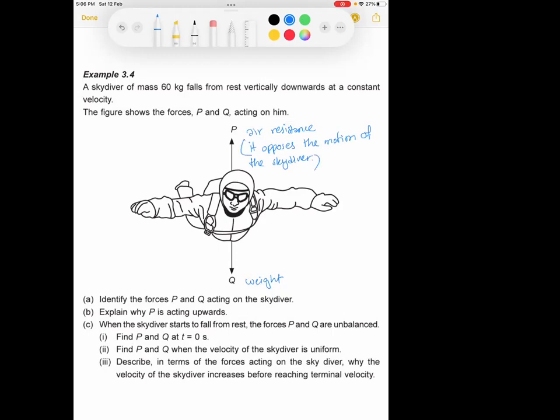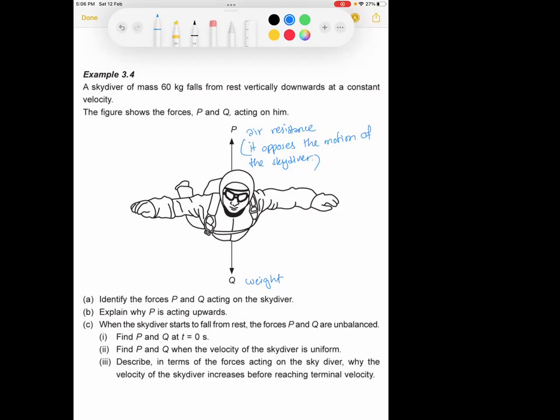Now, another question. In part C, it says the forces P and Q are unbalanced. The difference between unbalanced and balanced is that when the forces are balanced, the resultant force is 0, so there is no acceleration.